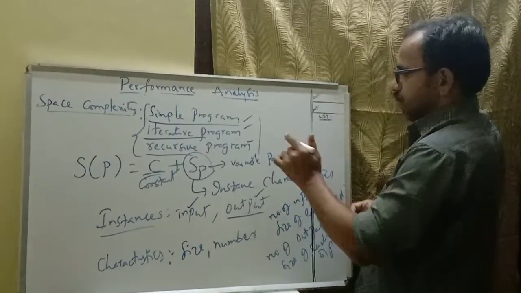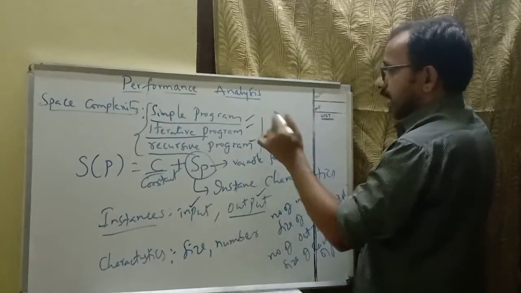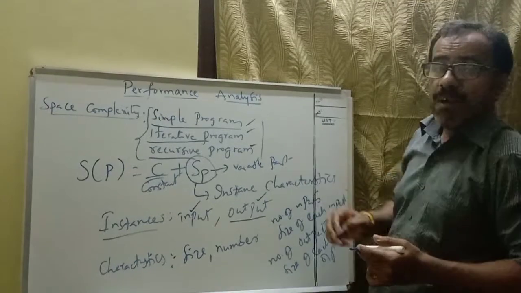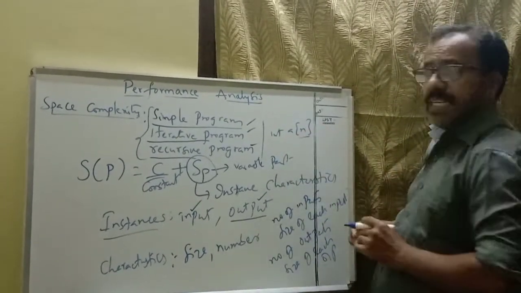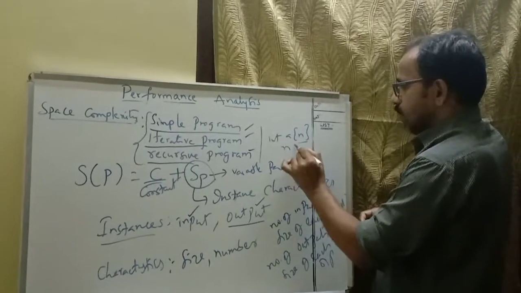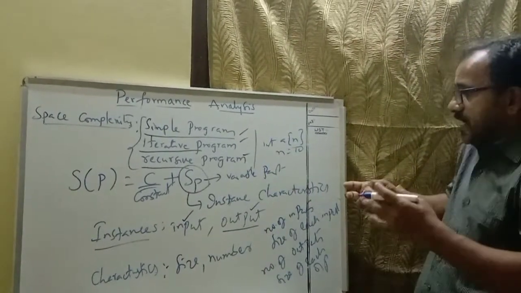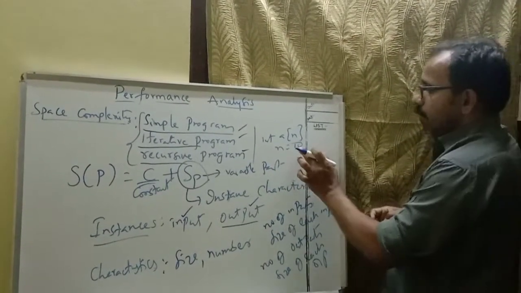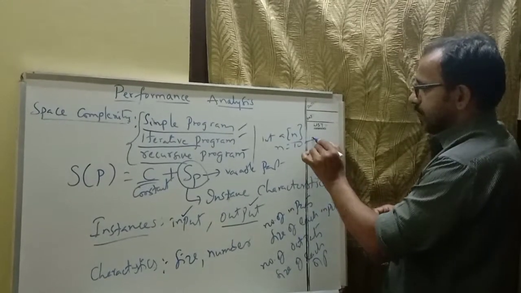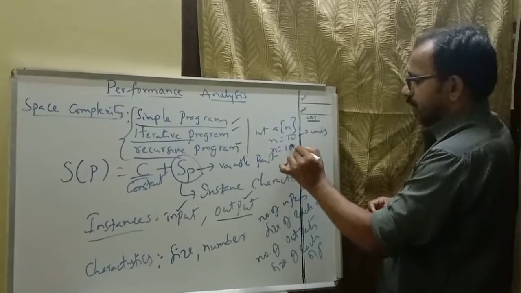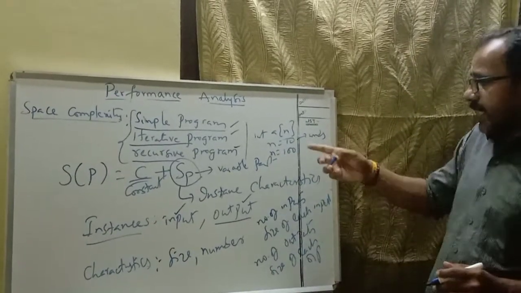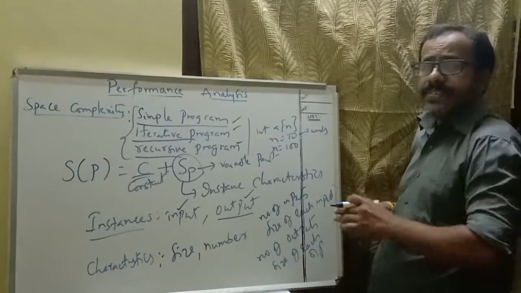Now suppose, as we saw earlier, a compound variable: int a of n. Suppose you write n equal to 10. At one instance, if you give n as 10, then how many cells are required to store this? 10 cells, 10 words. At the next instance, if you give 100 as input, then the number of cells required to store the array is 100.